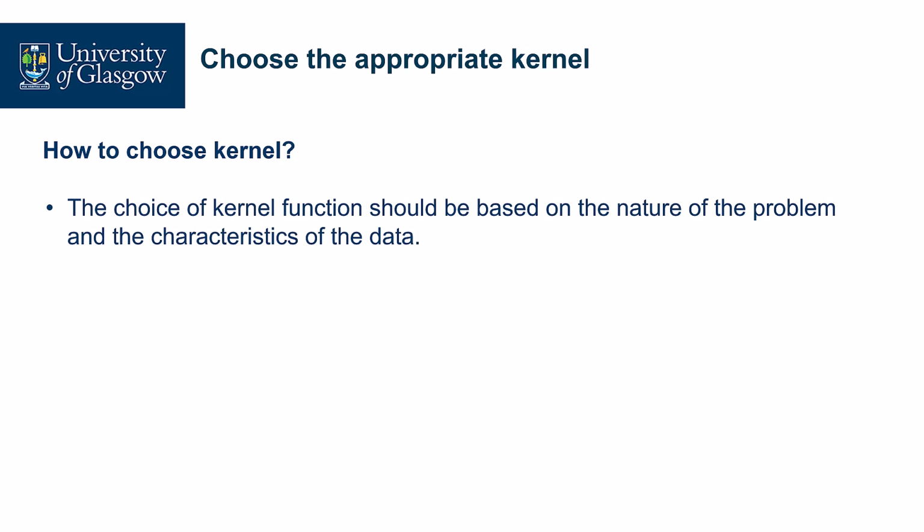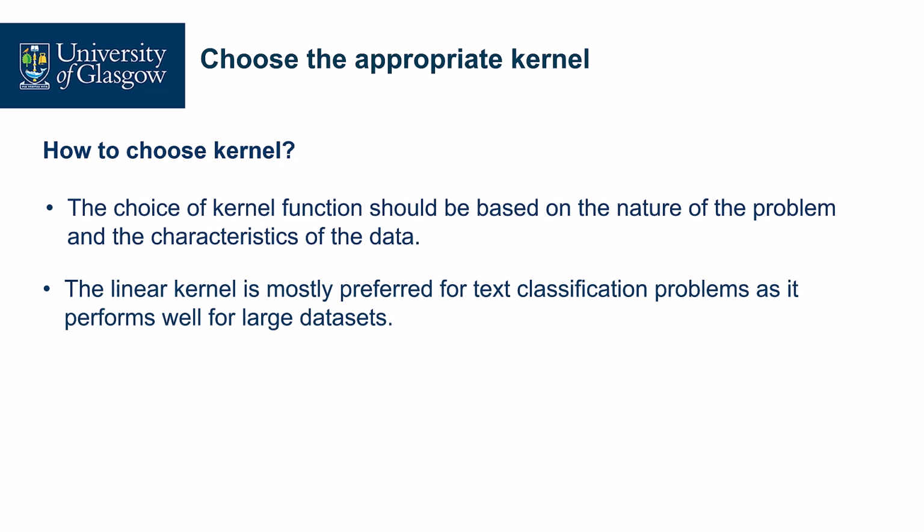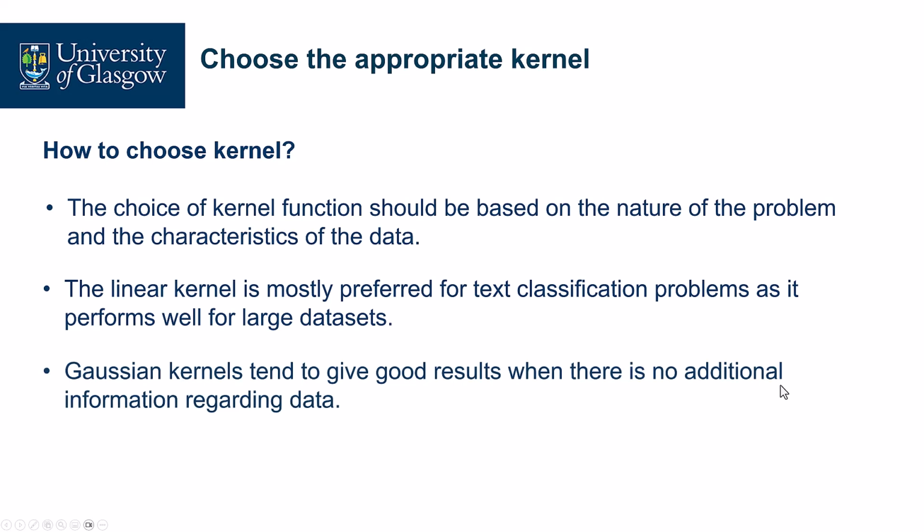But we have some tips from previous user experience. The linear kernel is mostly preferred for text classification because the data set is large. And the Gaussian or RBF kernels often provide good results when there is no additional information. So these are the experiences.